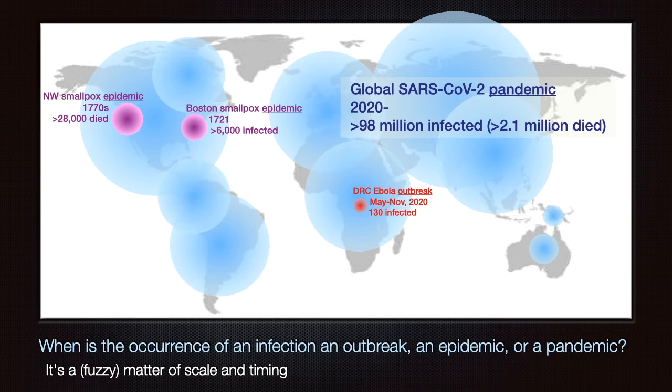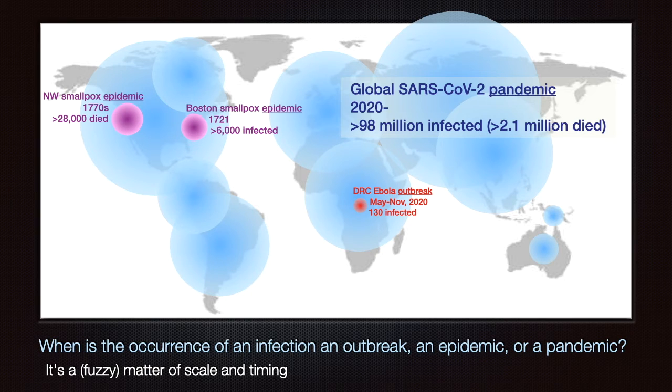In contrast, I've noted two smallpox epidemics in purple. Here's one in Boston in 1721. Over 6,000 people were infected, which back in 1721 was a significant share of the population of Boston. And in the Northwest United States, Washington State, primarily in the 1770s, there was another smallpox epidemic that cost the lives of 28,000 people.